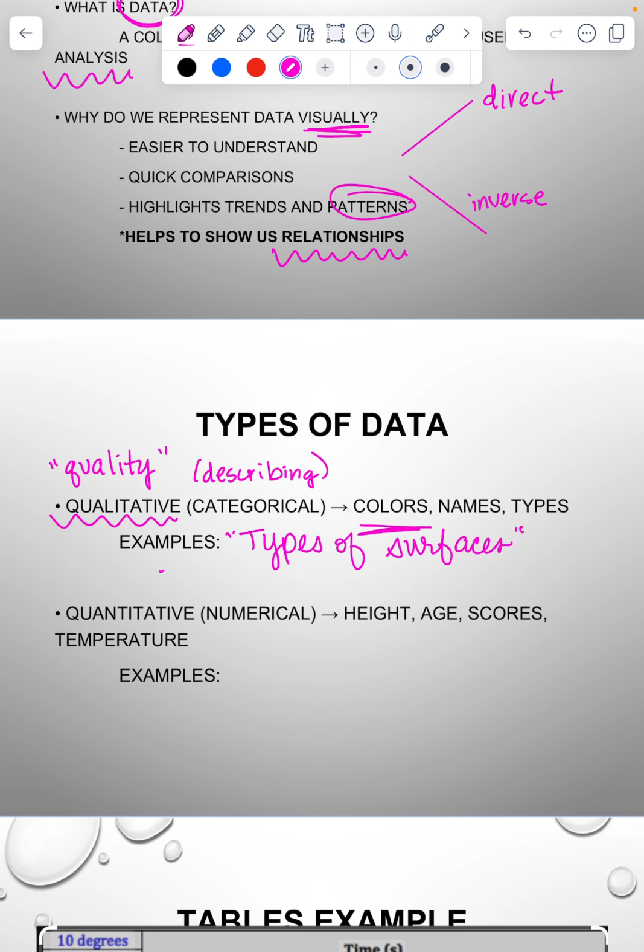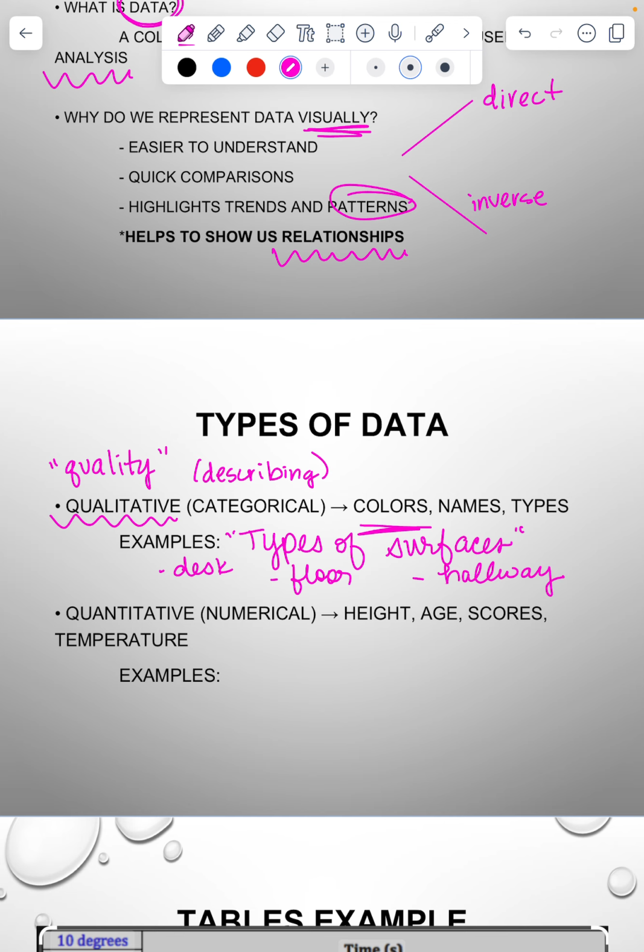So you could have done all three of our trials on the desk and then turned right around and done 3 trials on the floor in my classroom. And then you could have turned right around to do those same trials in the hallway. All 3 of those are different types of surfaces, and none of them are going to be quantitative.